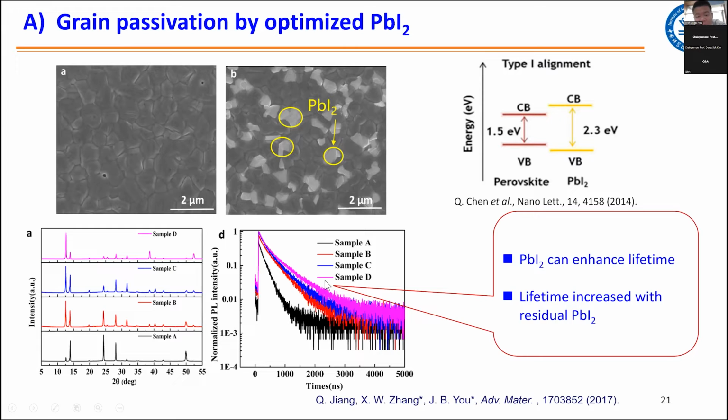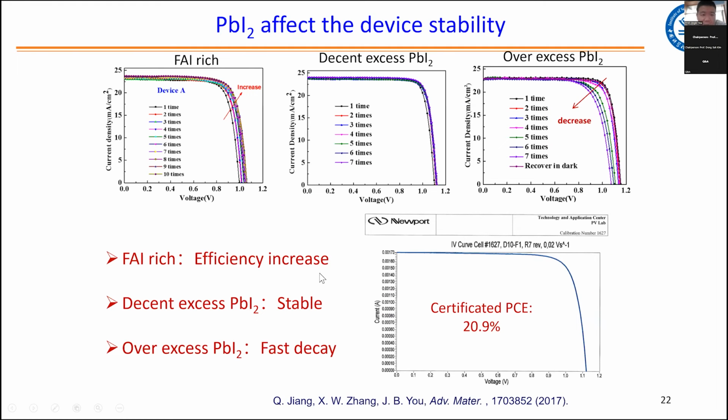If more and more PbI2 forms on the grain boundary, the lifetime will increase gradually. However, we found a phenomenon: a moderate excess of lead iodide may be good for the device performance, and even after several runs of measurement, the device can keep almost its initial performance.